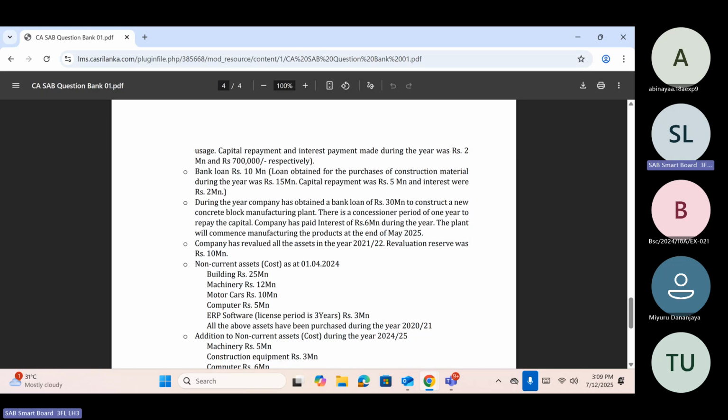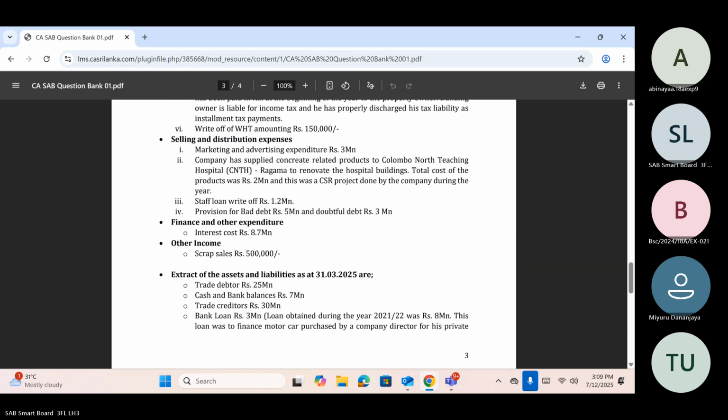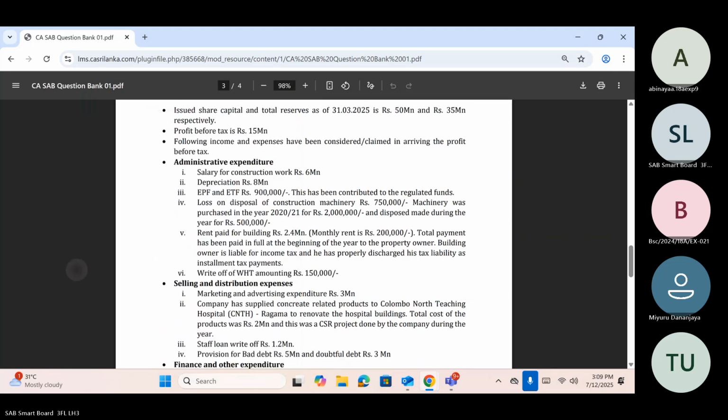So how much reserve? What's the answer? From the next one, that interest is expense.